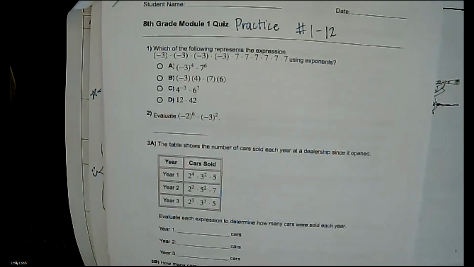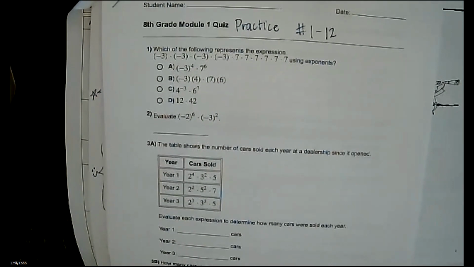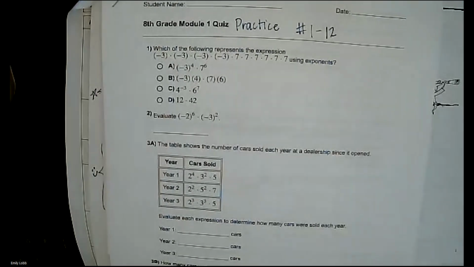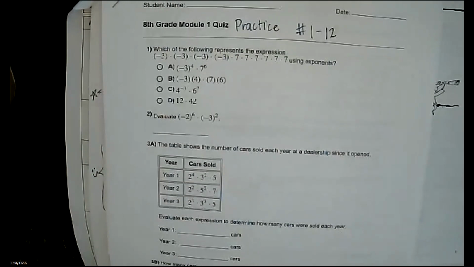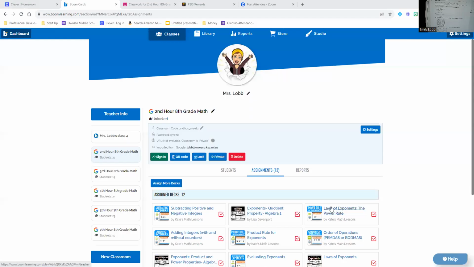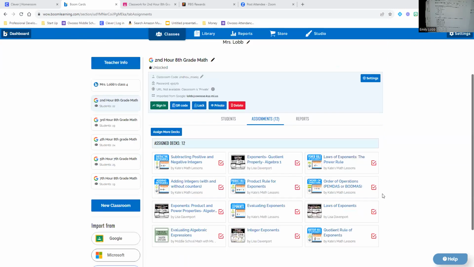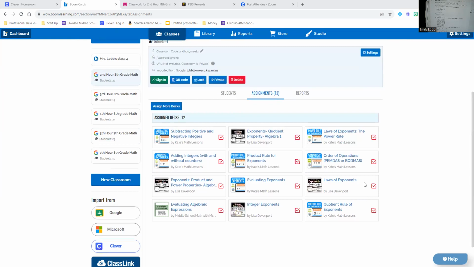we also have a boom deck, so I wanted to look at this last boom deck for practice. Guys, the reason we're doing all these boom decks is so that you have lots of extra practice. So this today, yesterday and the day before, so Monday and Tuesday, you should have done this laws of exponents, the power rule.